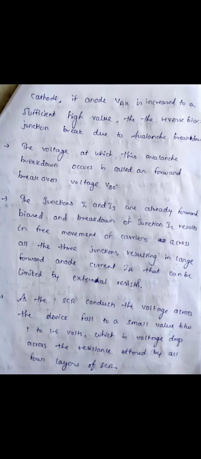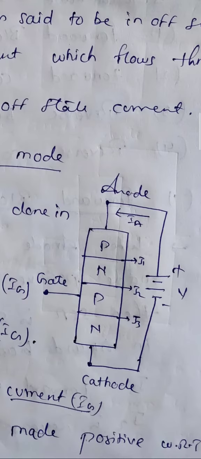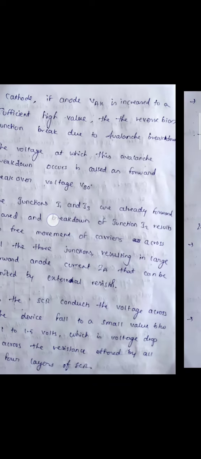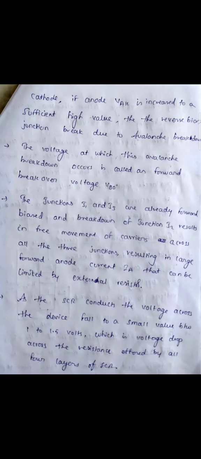If VAK is increased, VAK being the potential difference of the battery, to a sufficiently high value, the reverse biased junction, that is J2, will break down due to avalanche breakdown.